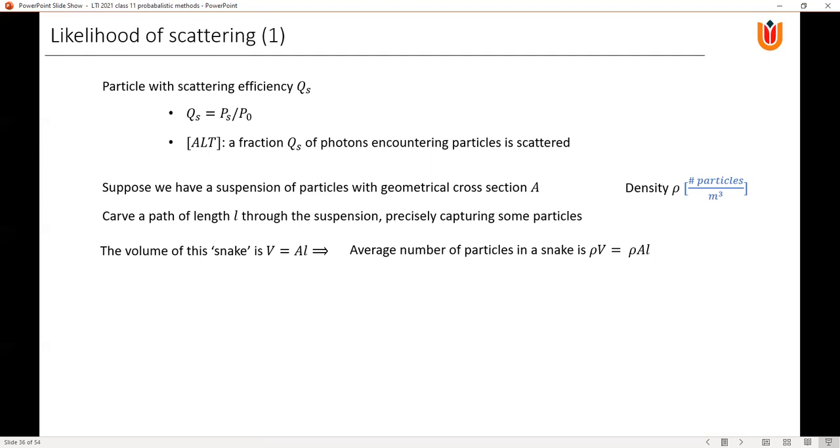In that case, the volume of that path, that snake, V, is A, the cross-section of the particles, times L, the length of that snake. And the average number of particles in that snake would be rho times V, so the density times the volume, which is rho times A times L.